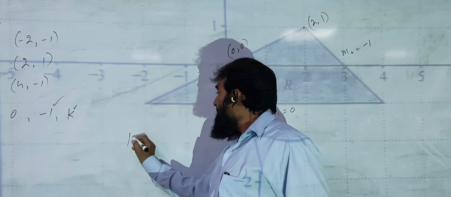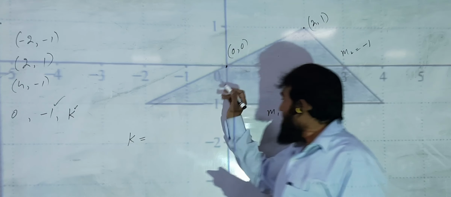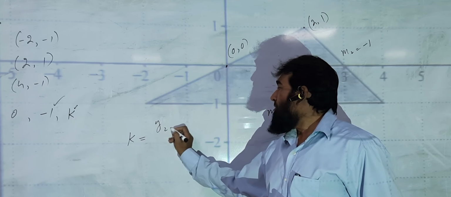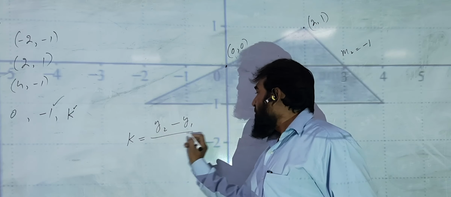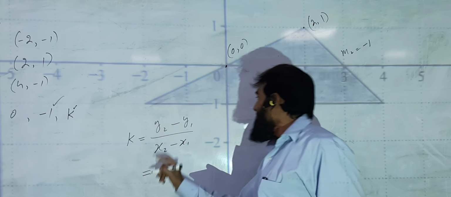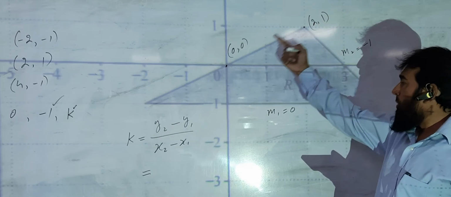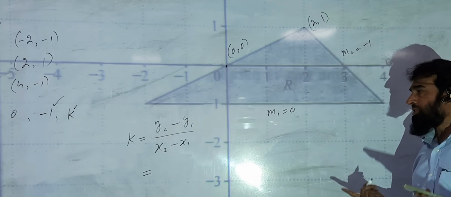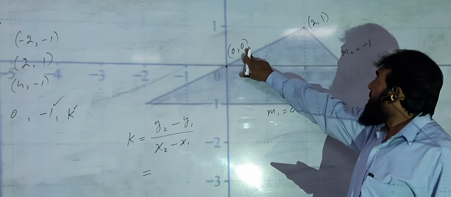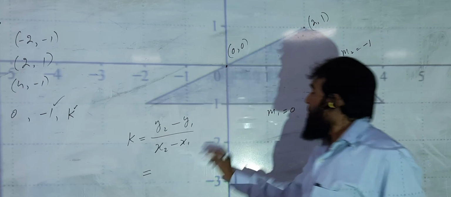So K, which is the gradient of this side, you know the formula for gradient, y2 minus y1 over x2 minus x1. Any point you can take as the second point or first point, it doesn't matter. So y coordinate subtracted from y coordinate, 1 minus 0.